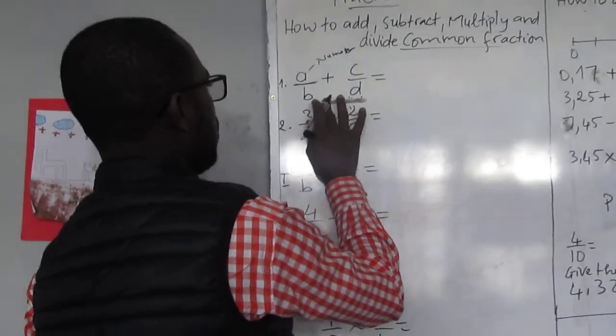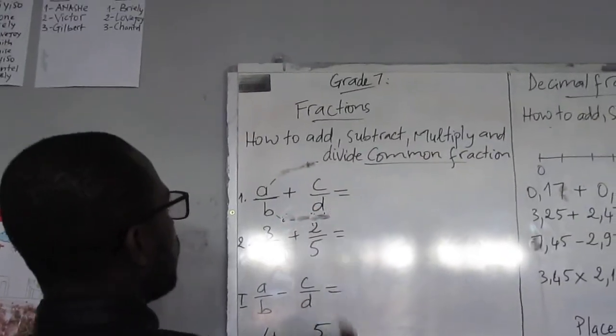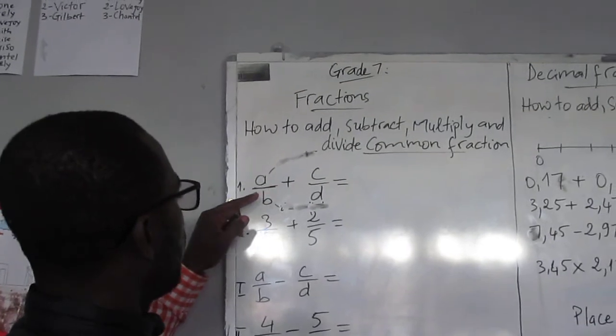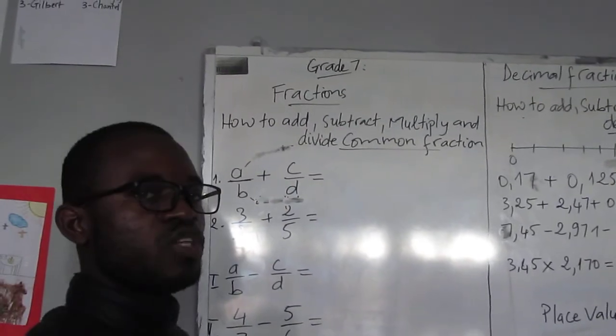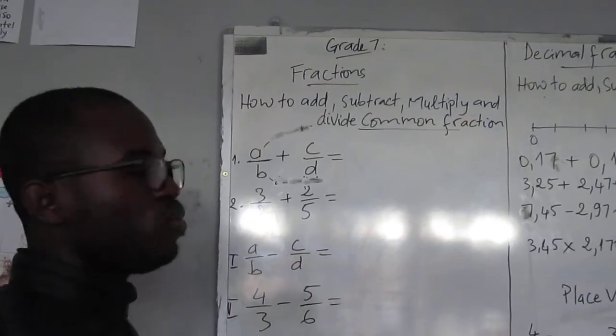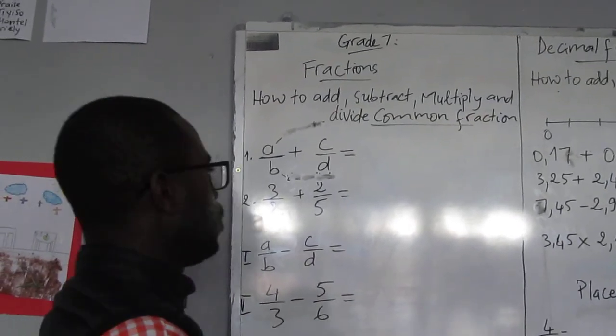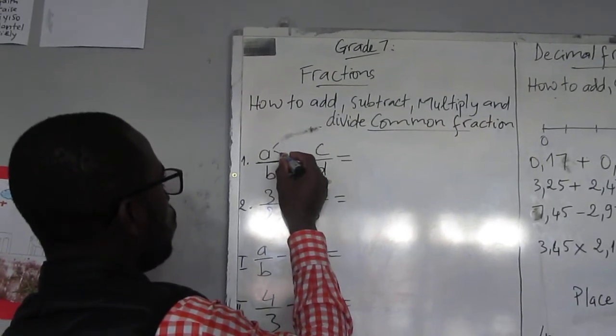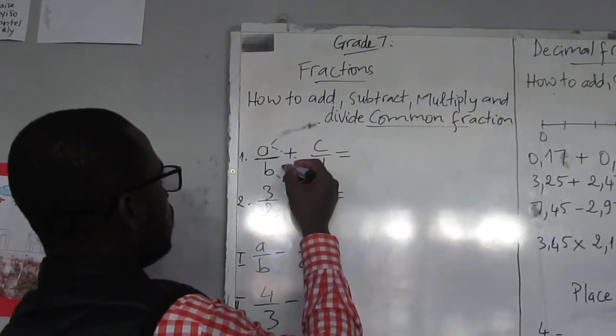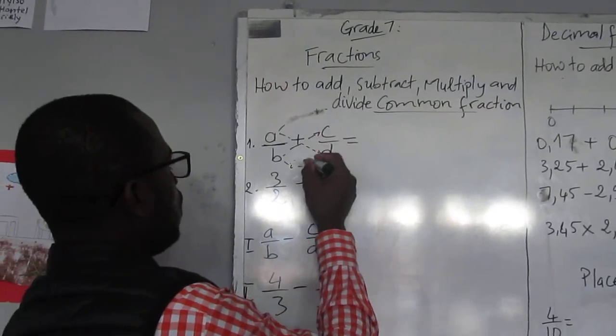So now, A over B plus C over D. How do we add two fractions? When we have this plus sign in the middle, we do cross multiplication.